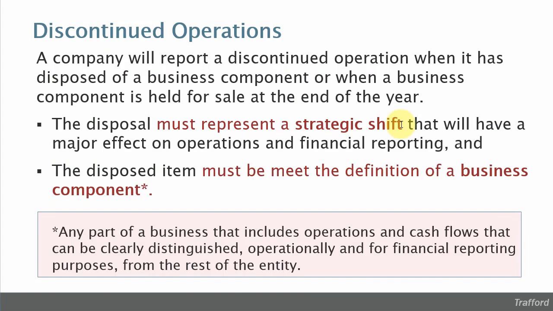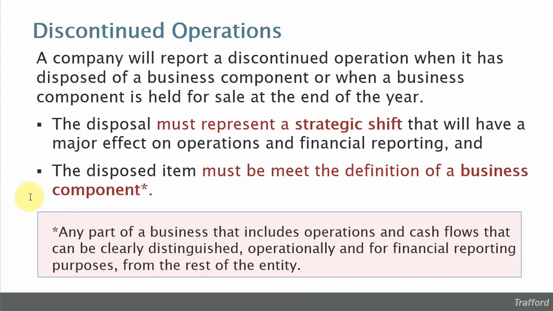Companies have a discontinued operation when they dispose of a business component or if they have a business component that they haven't disposed of yet, but it's being held for sale at the end of the year. There's a couple of caveats here. These things are required. Both of these things are important in order for a company to report a discontinued operation.